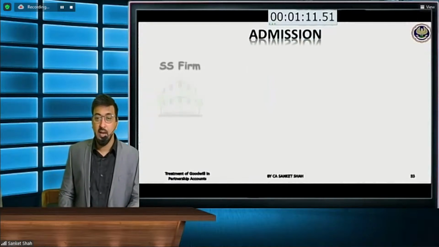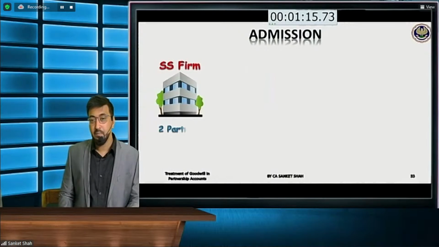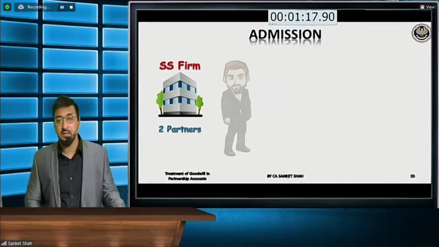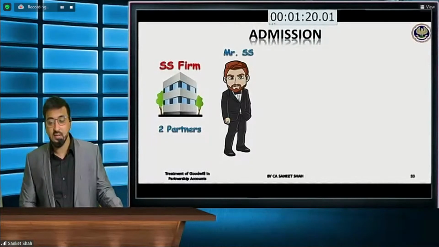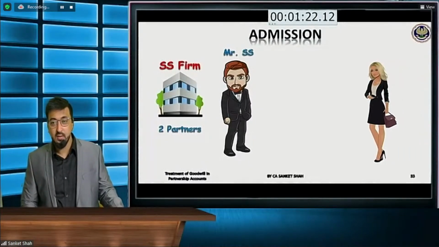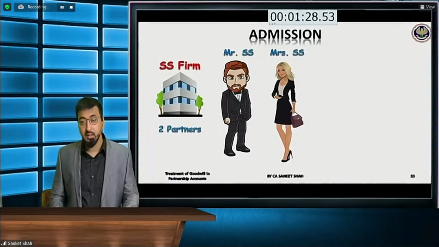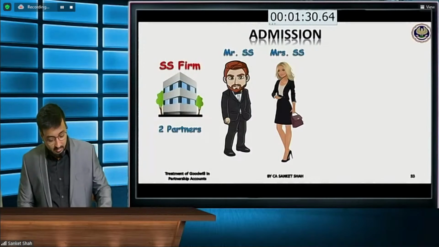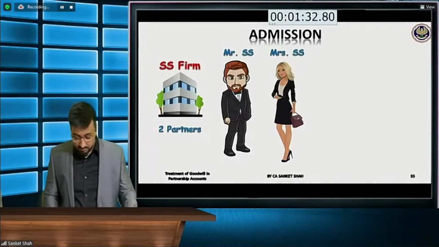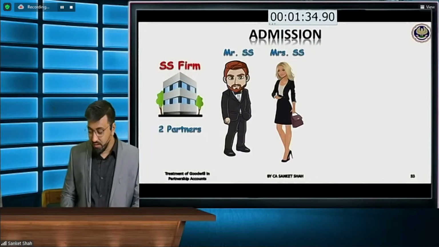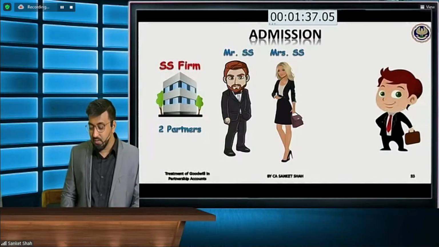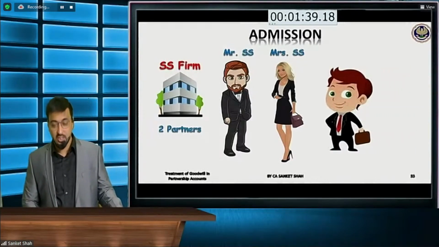SS firm, admission, see the entry. SS has two partners, Mr. SS and Mrs. SS. Then they admitted Mr. Daksh into the partnership.